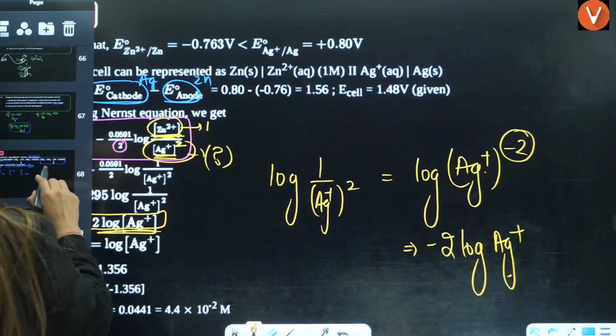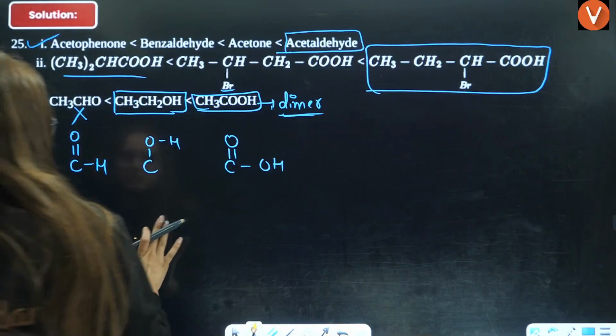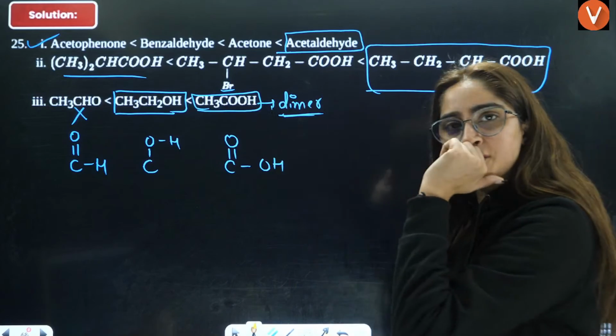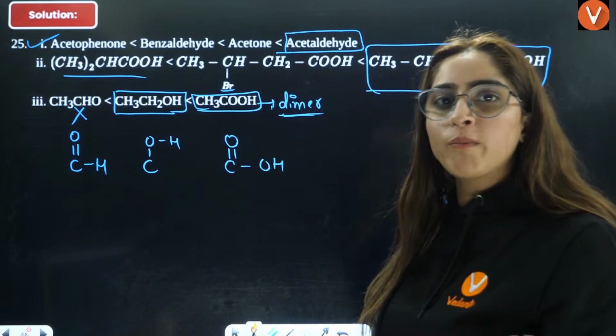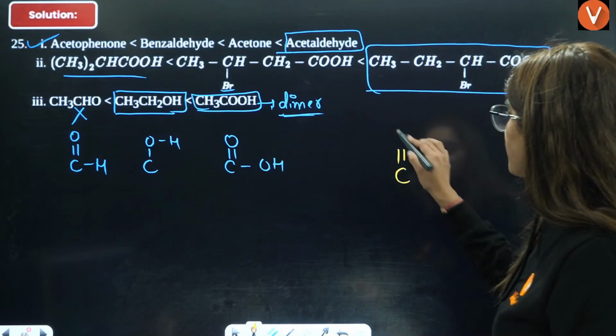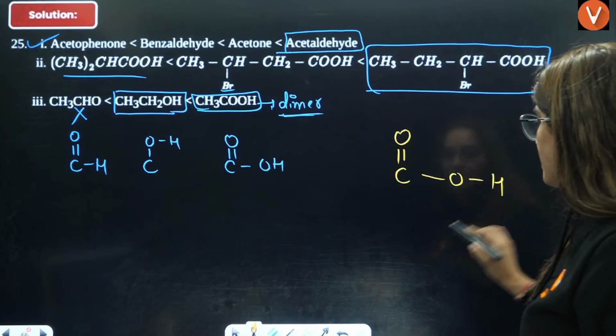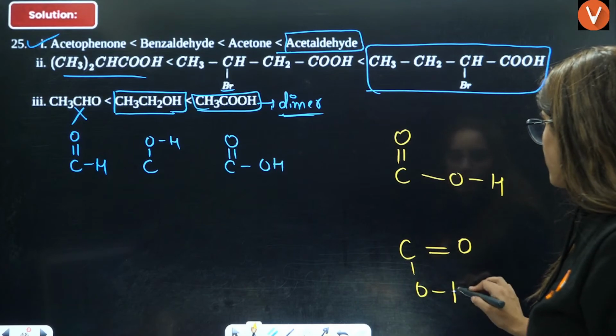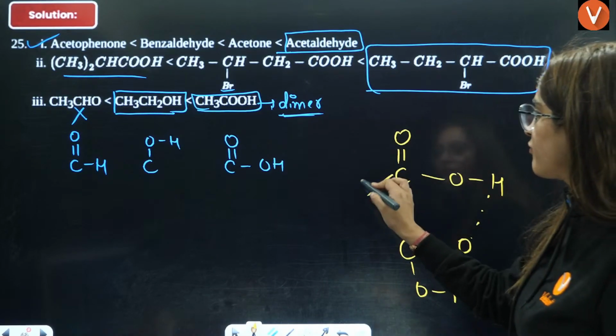Here you have dimerization. COOH always forms a dimer. How does it form a dimer? C double bond O, this is OH. This is C double bond O, this is OH. This is how a dimer will be formed.